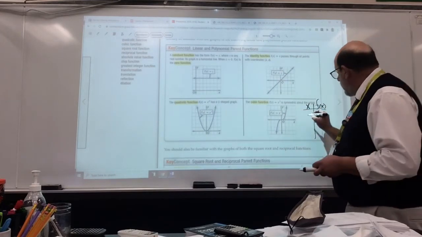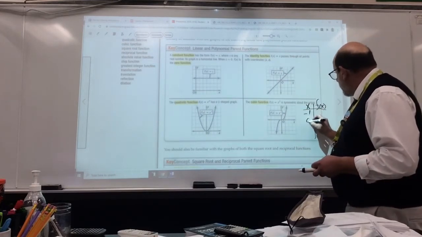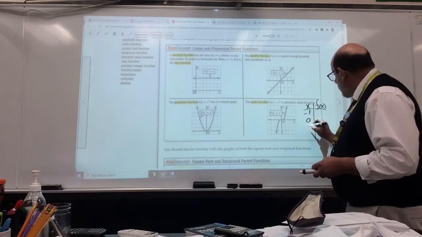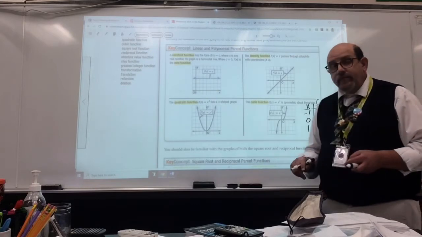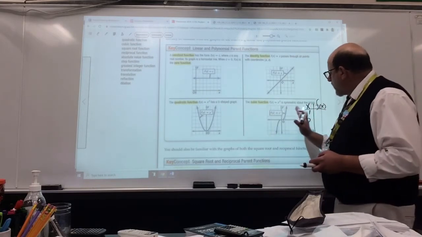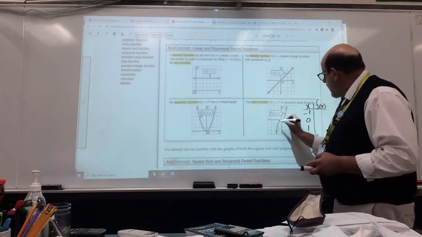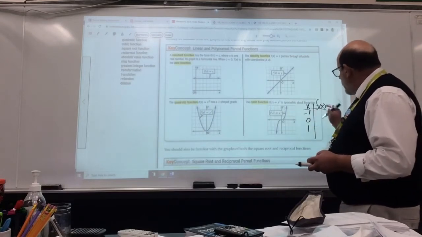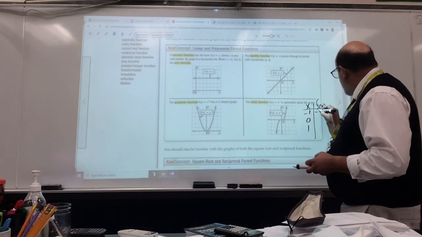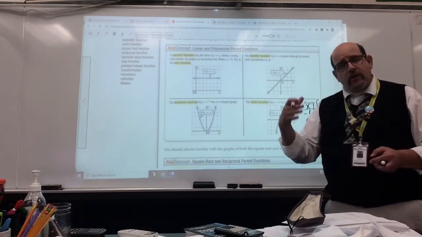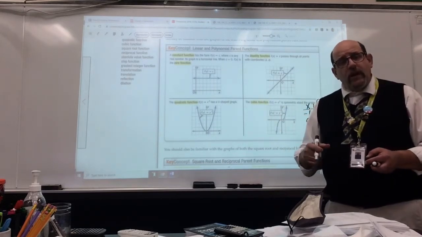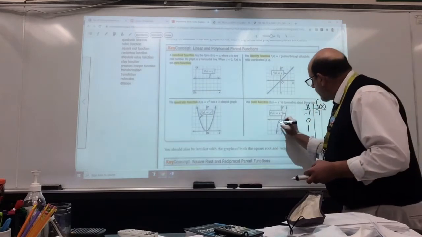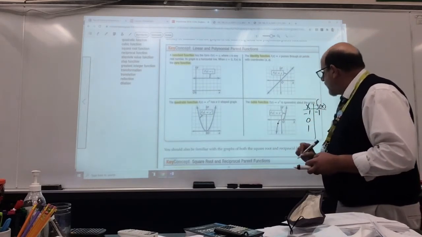I'm going to put in negative 1, I'm going to put in 0, and then I'm going to put in the number 1. And so as we slide across this graph, we put in a negative 1 and we cube it, we get out negative 1, because negative 1 times negative 1 times negative 1 gives me negative 1. And there it is on the graph, and we can put a point on the graph.